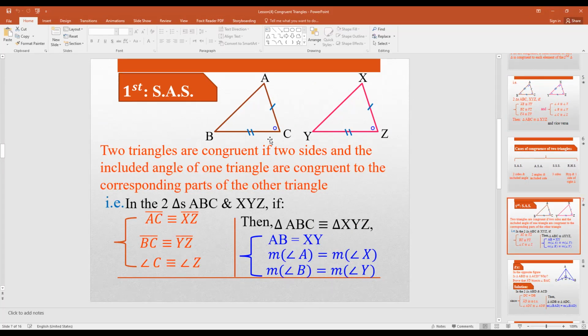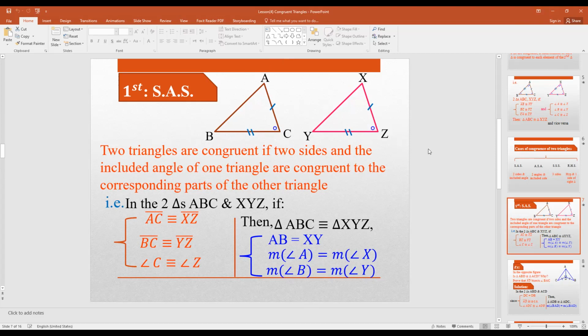As we see in the drawing, we have two sides and included angle C, and two sides and included angle. AC equals XY and BC equals YZ, and measure of angle C equals measure of angle Z.